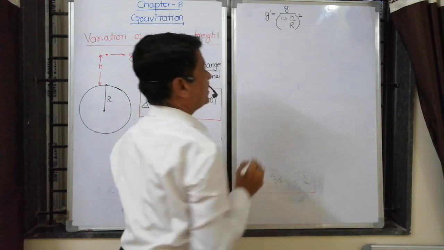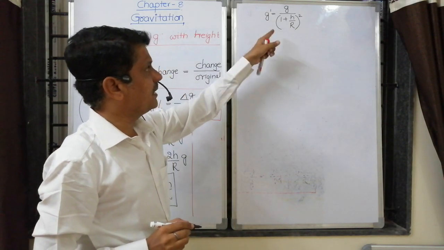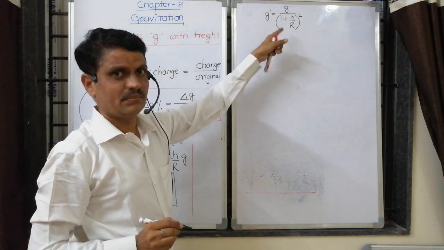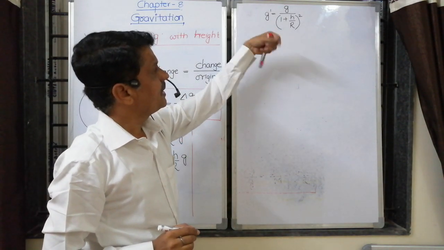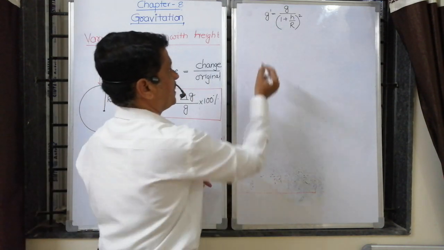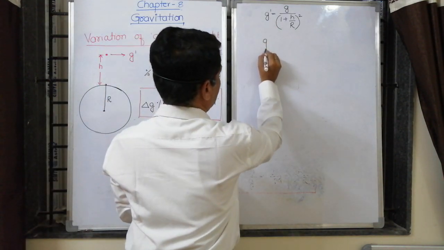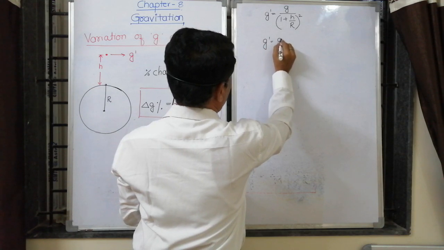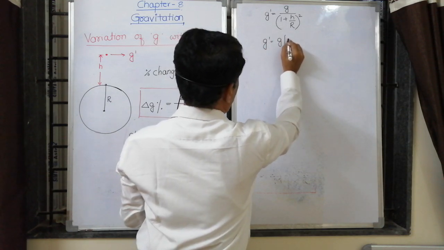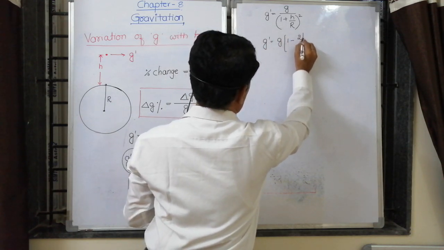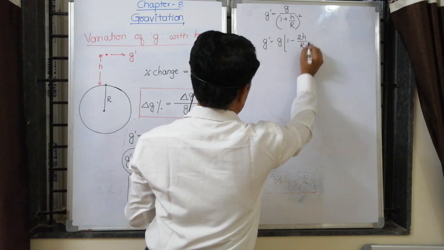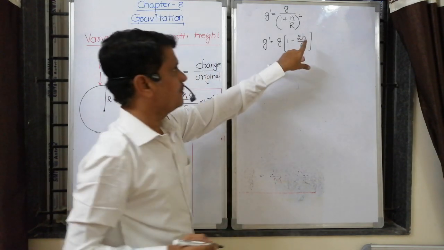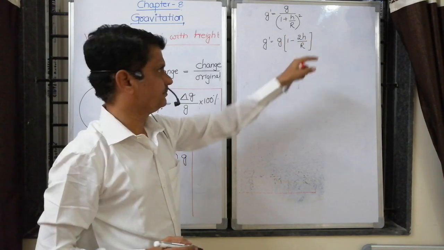This is the original formula, applicable every time. But if I use this, calculation becomes lengthy. And second, g dash is equal to g in bracket 1 minus 2h by r. This is applicable when h is small.